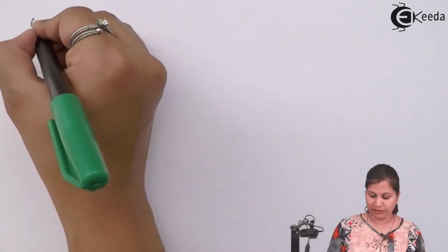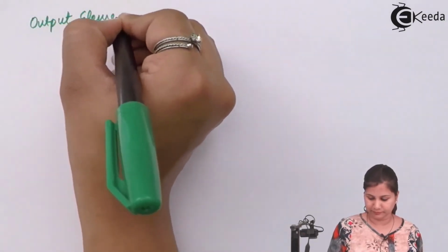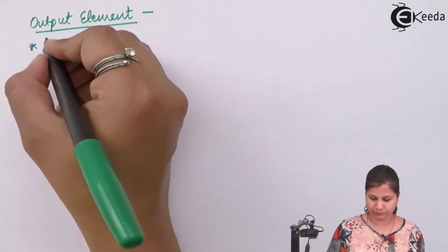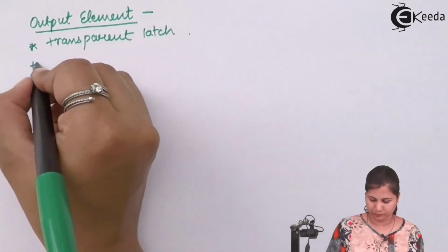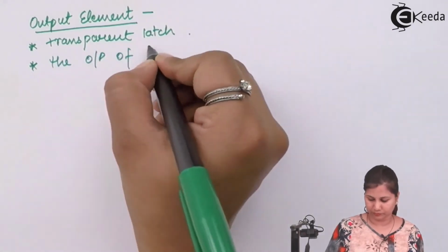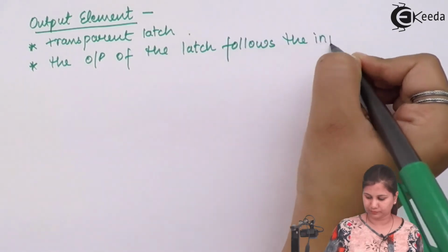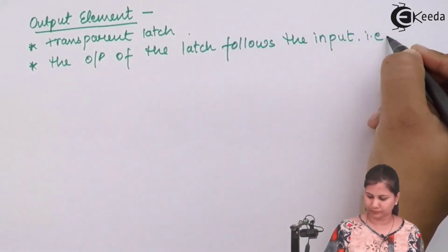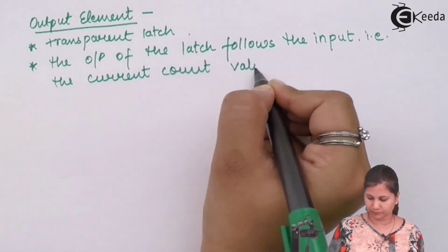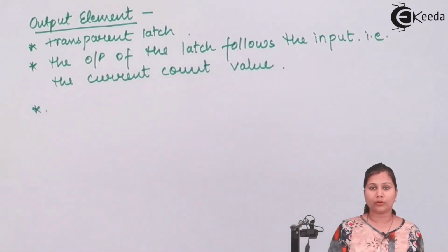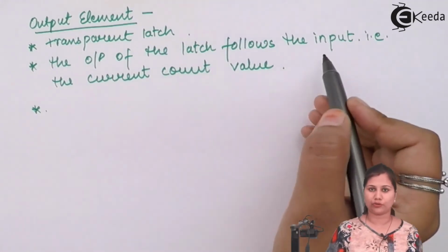So the third element is the output element. It is a transparent latch, and the output of the latch follows the input.